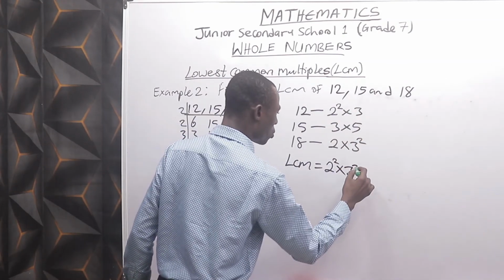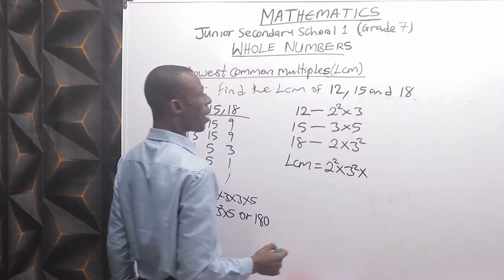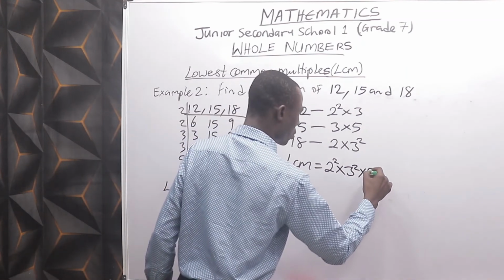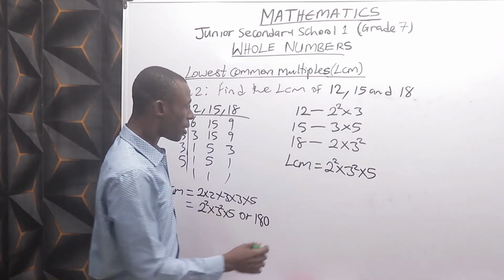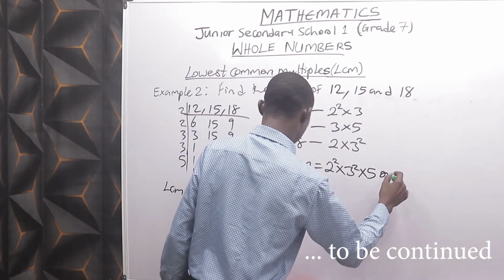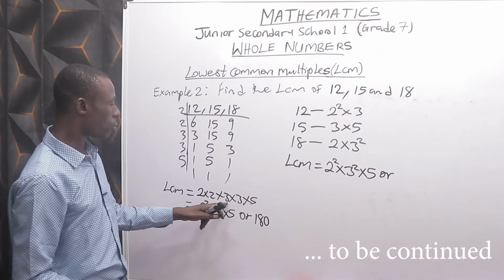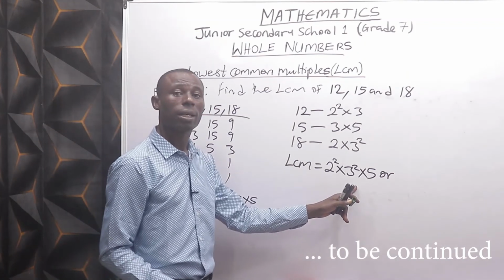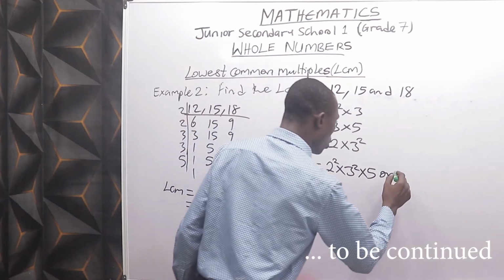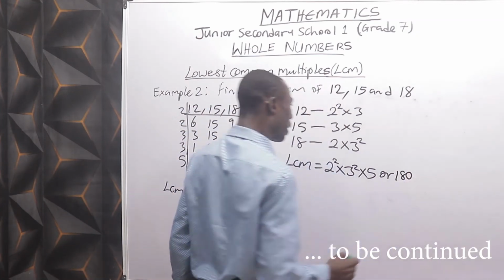Pick the one in power 2. Factor 5 is available once. So pick it. This is the LCM, or we can see that 2 raised to power 2 times 3 raised to power 2 times 5 is what we eventually get here, or 180.